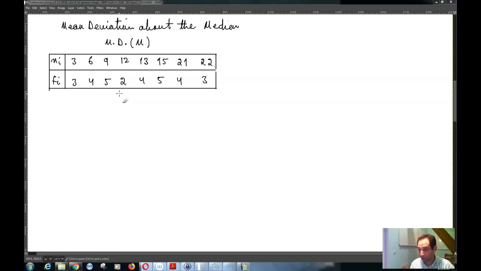There is something called the cumulative frequency. If I calculate sigma f of i in this case, it's going to be something like 7 plus 5 is equal to 12, 14, 16. 16 plus 5 is equal to 21. 21 plus 7 is equal to 28.